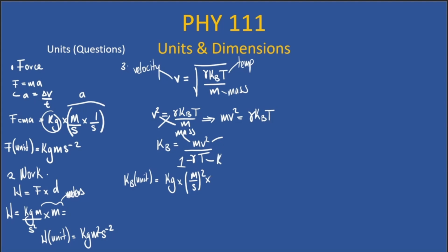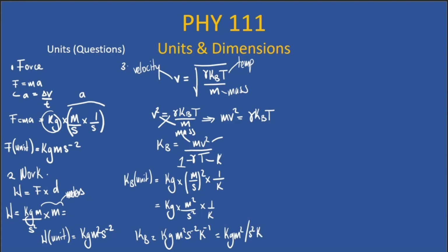So dividing by Kelvin is times 1 over K. So evaluating this, we get kg times meter squared per second squared per Kelvin. So the unit of the Boltzmann constant is kg meter squared per second squared per Kelvin. Or you can also rewrite it this way: kilogram meter squared per second squared Kelvin.